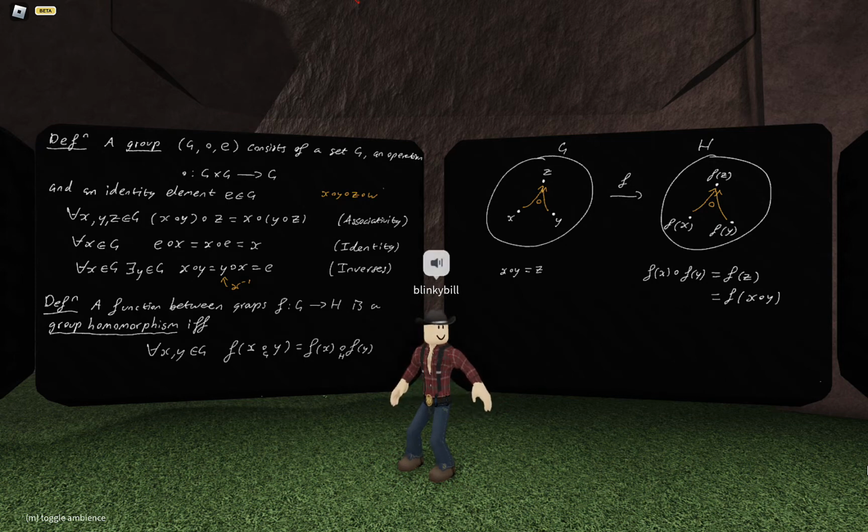I'll just pause there for a second and see if there are any questions about any of that. So the structure is relative to the operation for groups, at least. Exactly.